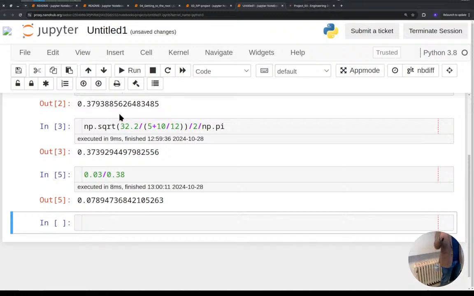So even if we had better measurement tools, unless we can get the length definitively at 5.9, that's going to be our biggest contributor to error. It's how well we can measure the length of that pendulum.